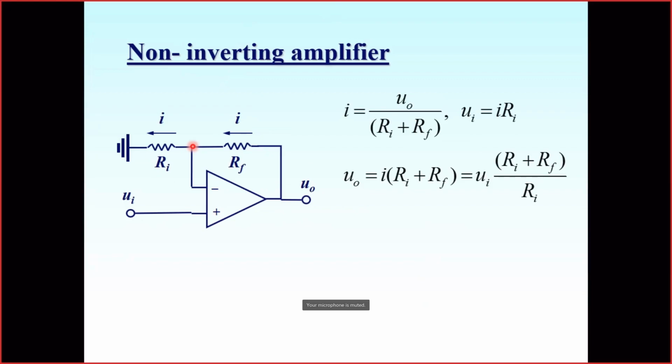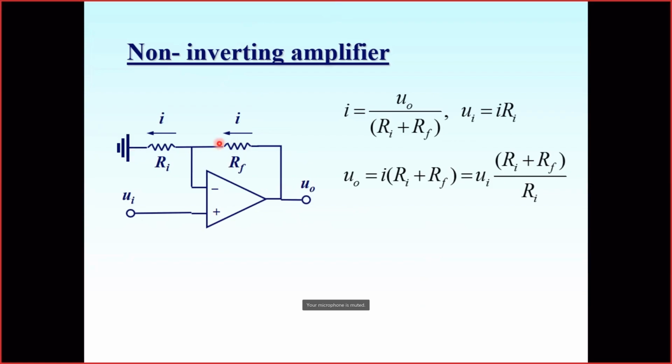From this, we write down the relationship between the output voltage and the current through this resistor chain. If I have some output voltage here, it will cause a current to flow through the resistors Rf and Ri, both of them.